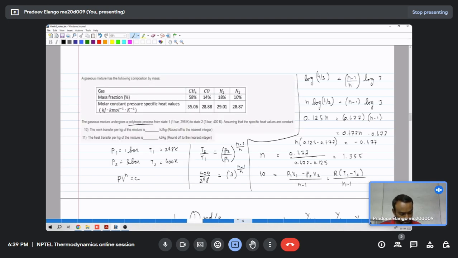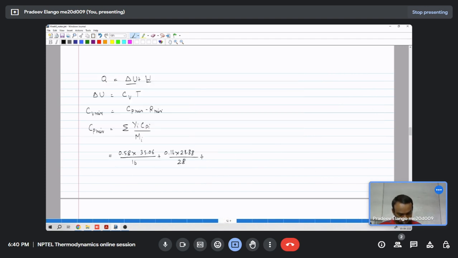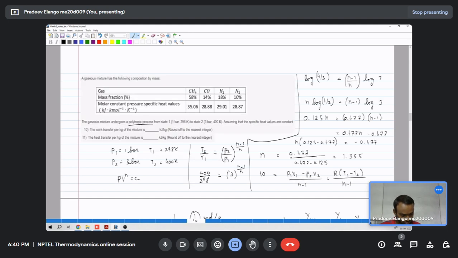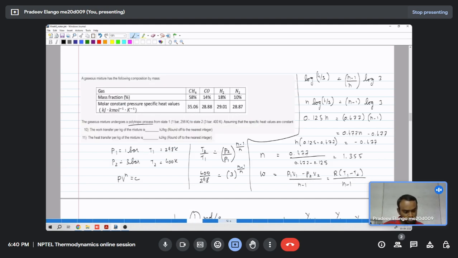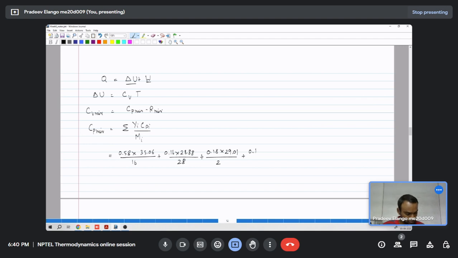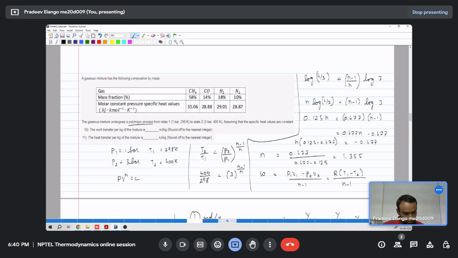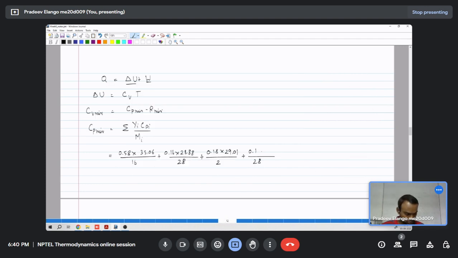Similarly for hydrogen we have 18%, and molar constant pressure specific heat is 29.01. Similarly for the last component nitrogen, it is 10%, and molar constant pressure specific heat is 28.87.